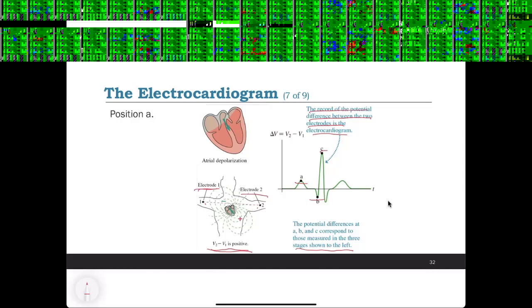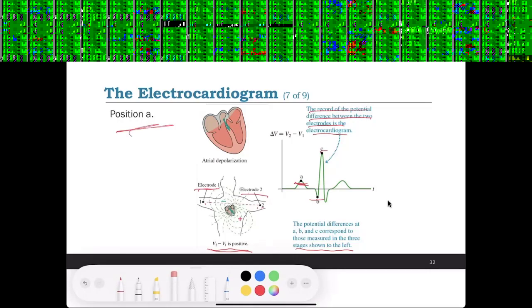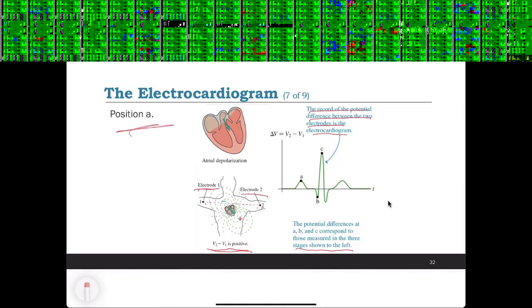You can see here, this is for position A. This is one and two. This is position A, and it has an electric dipole, and the atrial depolarization.